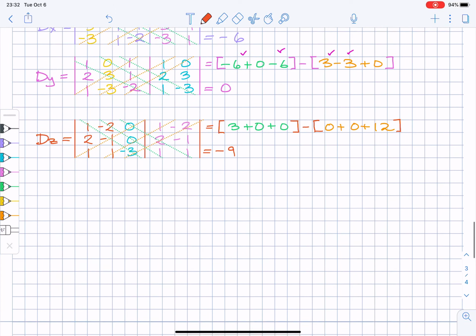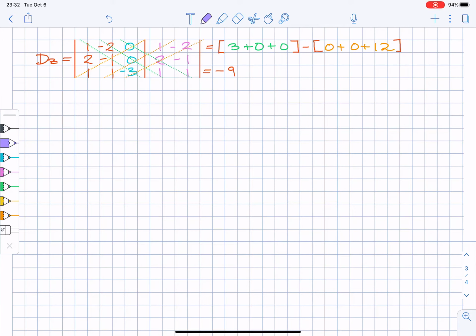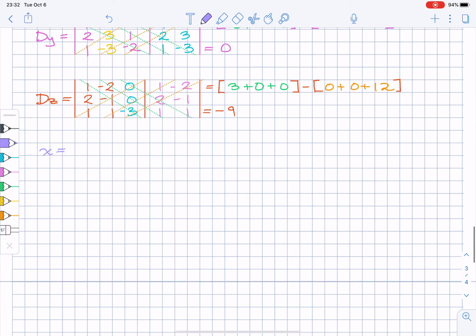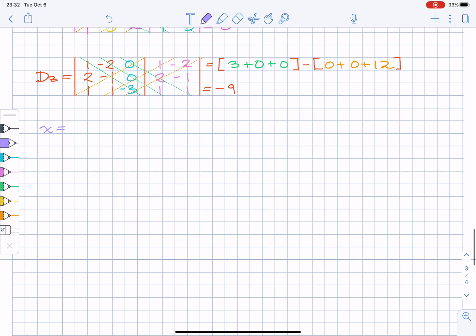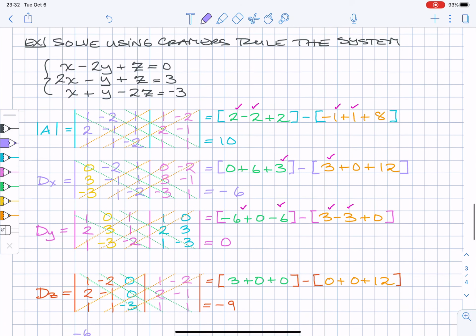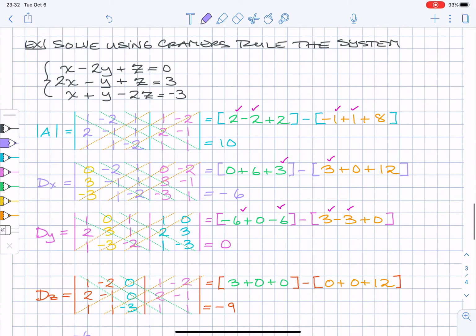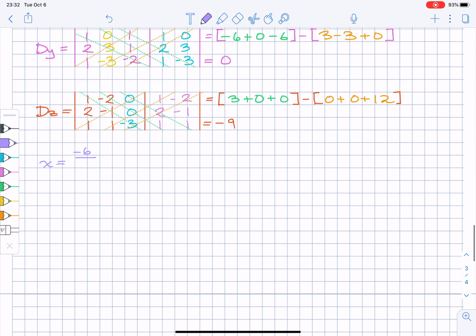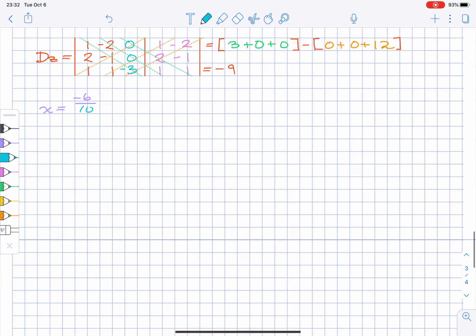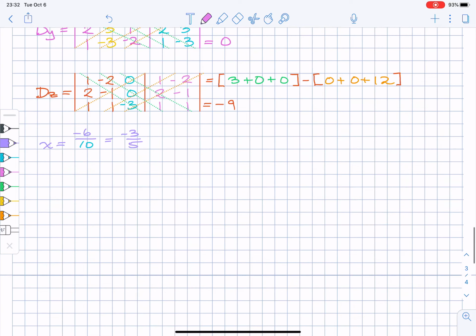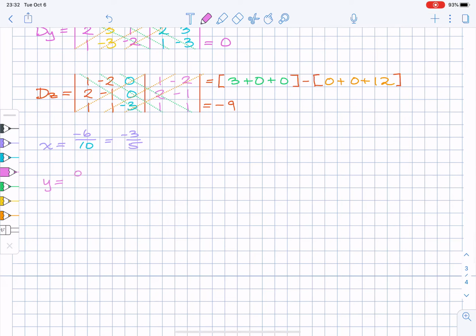Okay, so now what is x? X is capital D sub x, which is negative 6, divided by the determinant of A, which is 10. So I claim that that's negative 3 over 5 when reduced. Y is going to be capital D sub y, which is 0, divided by 10, so we're okay. You can have a numerator of 0.